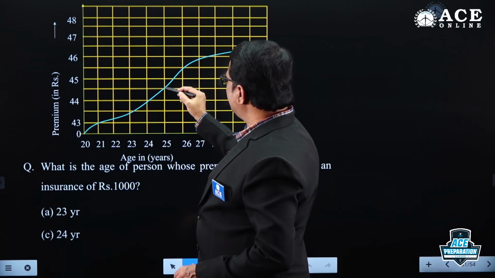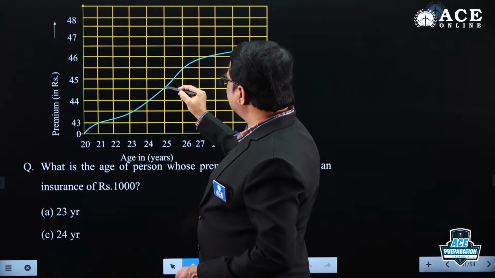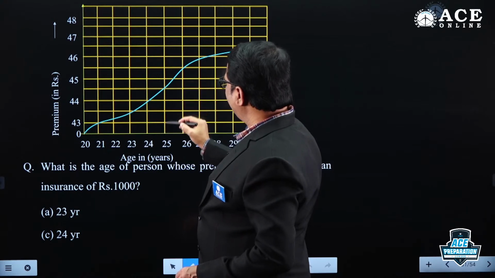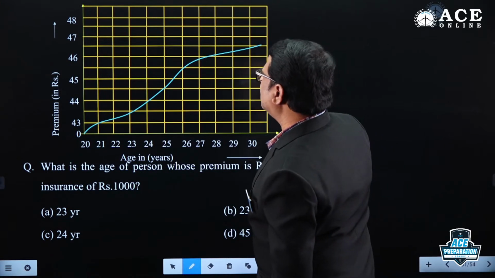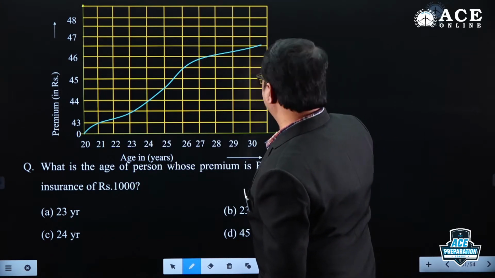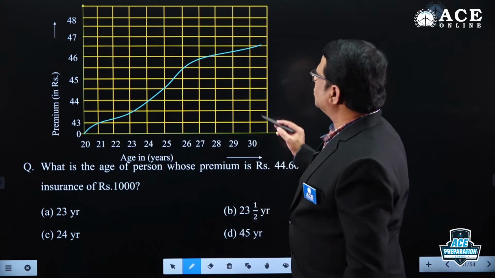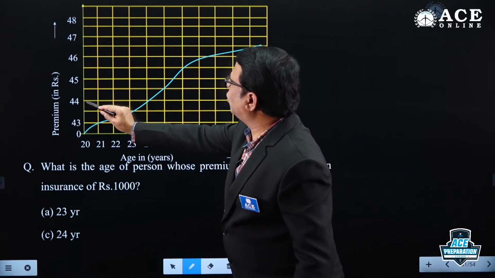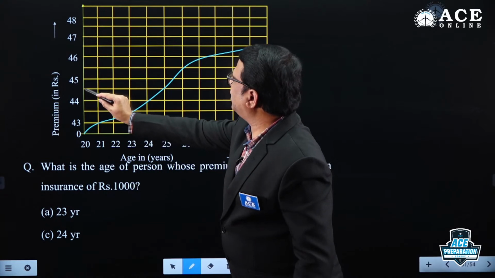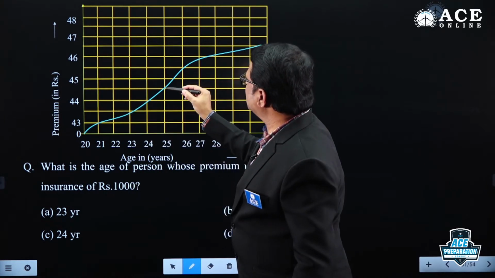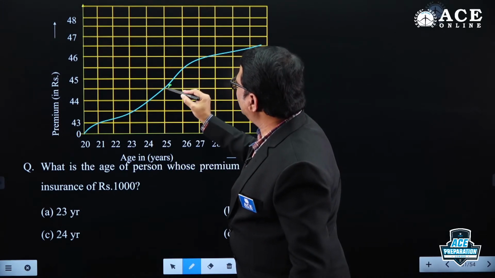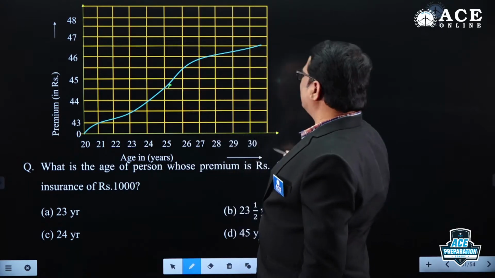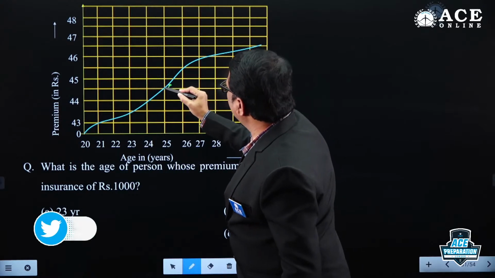And here, what is the age? If you look at this point against the x-axis, it is coming to be 25. So the answer is 25. And 25 is not there in the options. 44.6 means slightly above this line, this is 44, this is 44.5, but here it is given as 44.6, so slightly more than this.